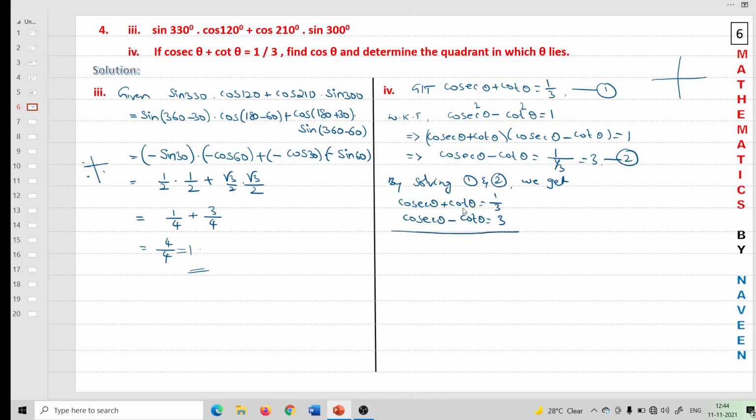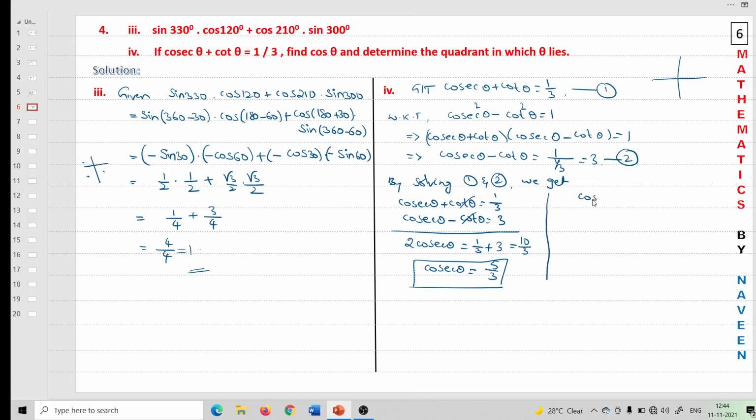Right? So here cot gets cancelled. 2 times cosec theta is equal to 1 by 3 plus 3, which is 3 3s are 9 plus 1, 10 by 3. So cosec theta value is 5 by 3. Right? Cosec theta value we get is 5 by 3.